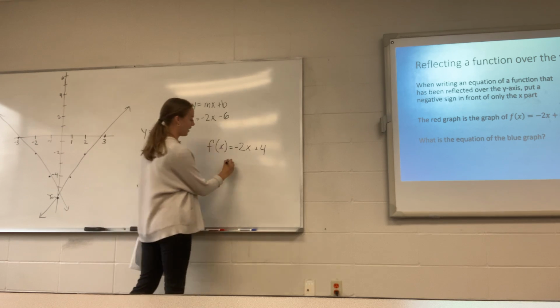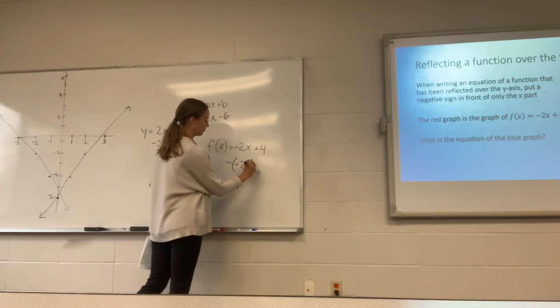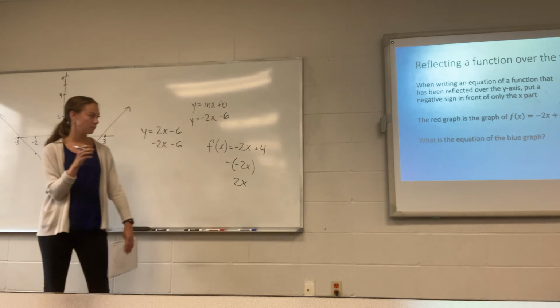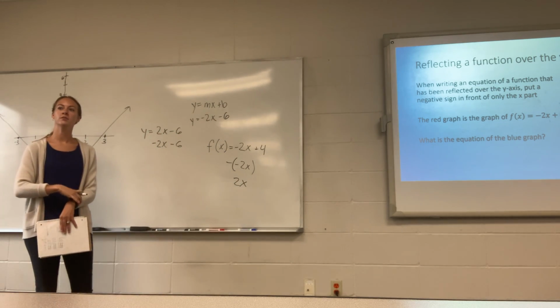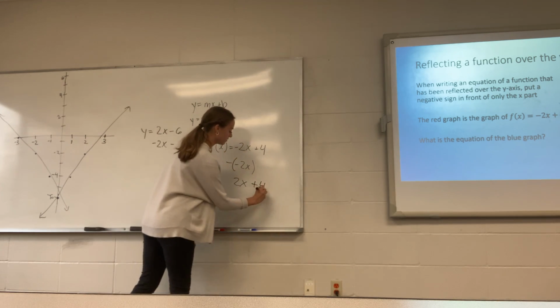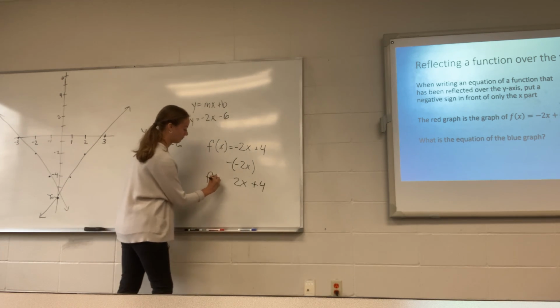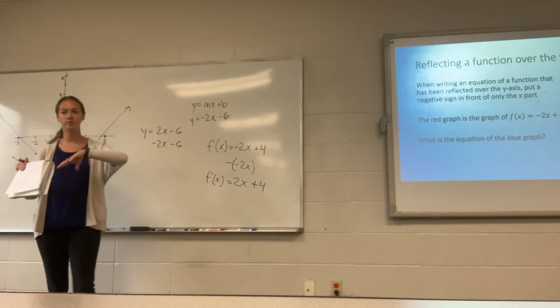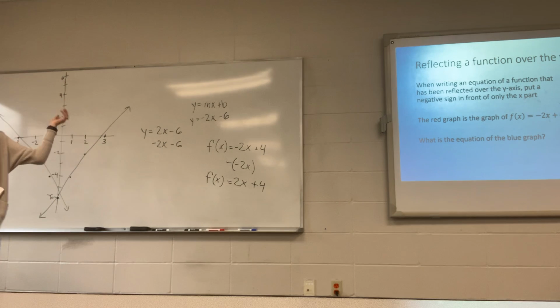Yeah, because I would have negative 2x, which is going to cancel and be positive. So I'd have 2x, and then what's going to be with my 4? No, it stays the same. So it'd be 2x plus 4. So here would be my equation of that line that's now reflected across my y-axis. Okay?